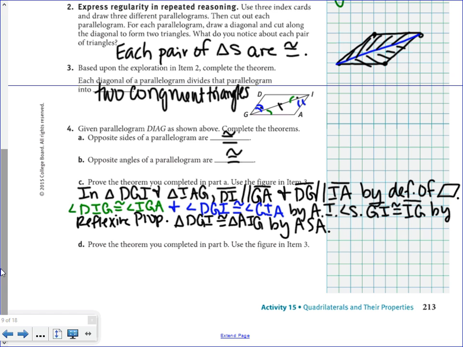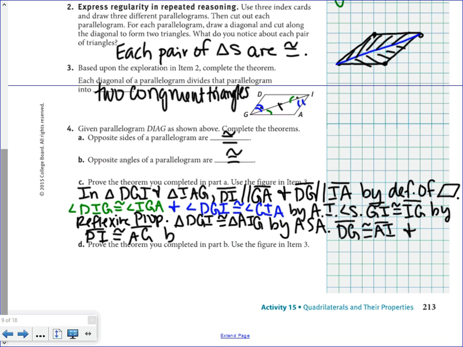And then if my triangles are congruent, I know that all of the corresponding parts are congruent, which means that my corresponding sides, DG and AI and DI and AG must be congruent.